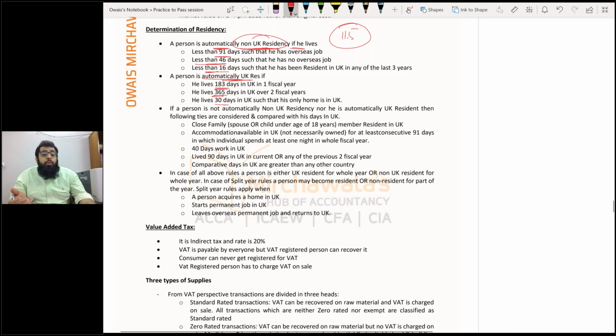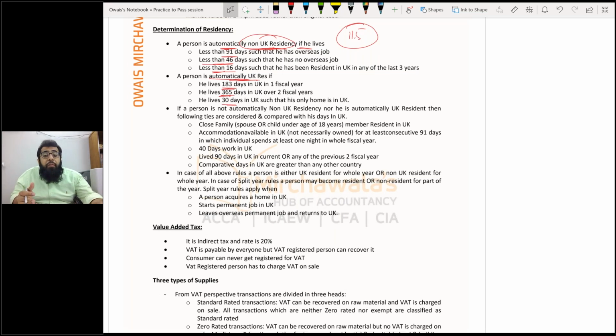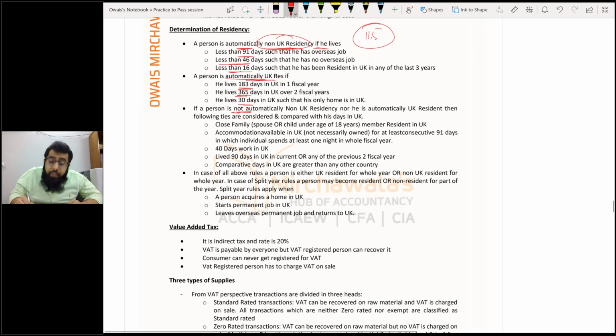But this condition also does not apply to him because he lived for 115, which is less than 183, 365. Okay? Now, if a person is not automatically non-UK resident, nor automatically UK resident, then the following ties are considered and compared with his days in UK.